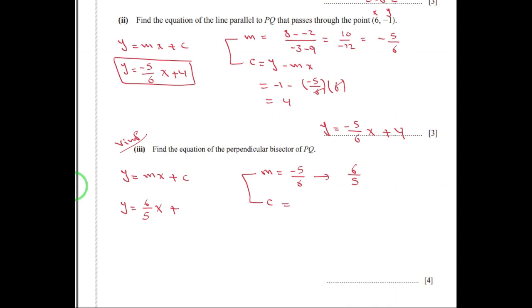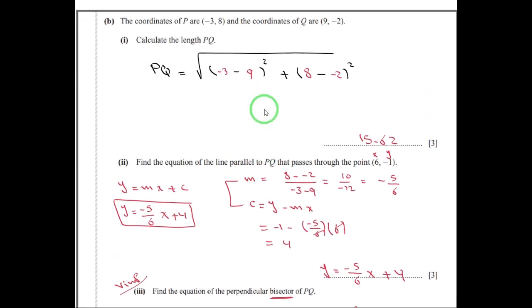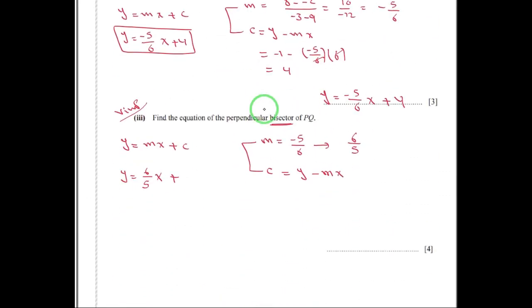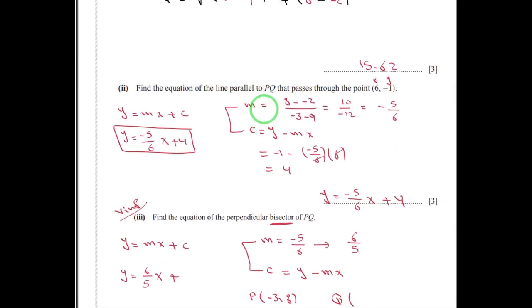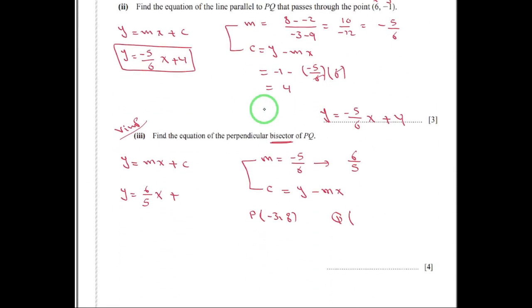To find the value of c, c equal y minus mx. But we have no point here. We have to find the midpoint of PQ, the bisector. The value of the point P is negative 3 and 8, and the value of Q is 9 and negative 2.